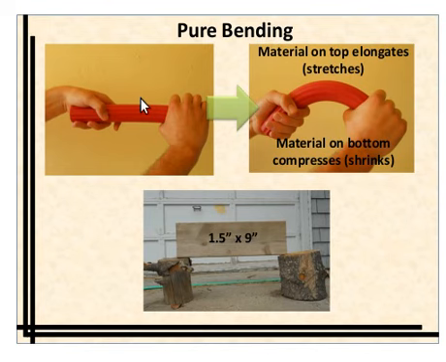So if you look at the beam, what's important to note is the deformed shape. This material on the top all has to elongate or stretch in order to assume this deformed shape. So the distance from here to here on this upper surface is longer than from here to here on the undeformed shape.